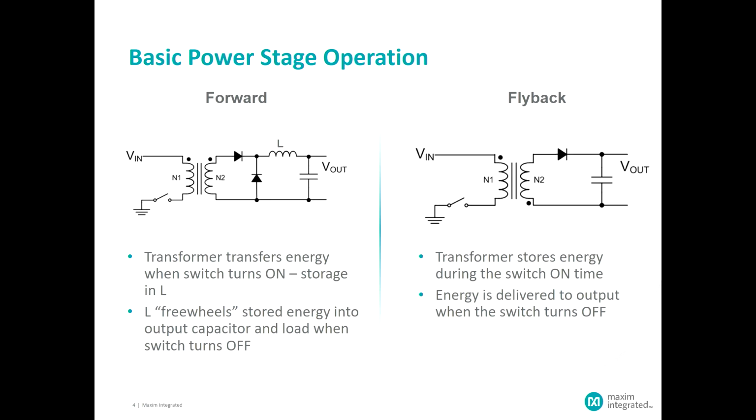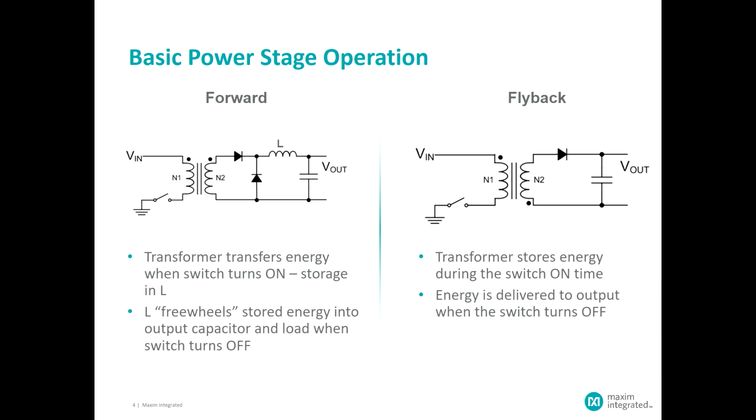This transformer is configured so that the dots indicate polarity. When the switch is closed, current flows through the primary from the input voltage down through the primary, and the positive end of the primary winding at the dot is the positive voltage of the secondary. During that time it's at a positive voltage which forward biases that output rectifier and passes current through the inductor and onto the output.